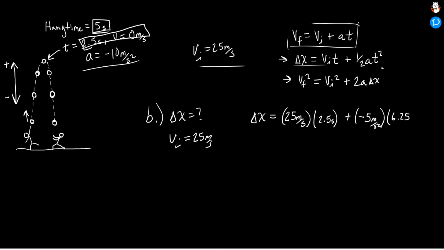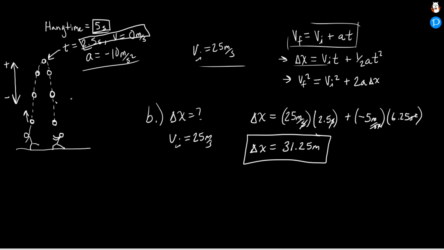And then again, seconds would also square, so we'd have seconds squared there. And so if we crunch the numbers on all of that, and our units are going to cancel out to give us meters, basically. And we should end up with 31.25 meters. That would be the height that the ball goes to, 31.25 meters.